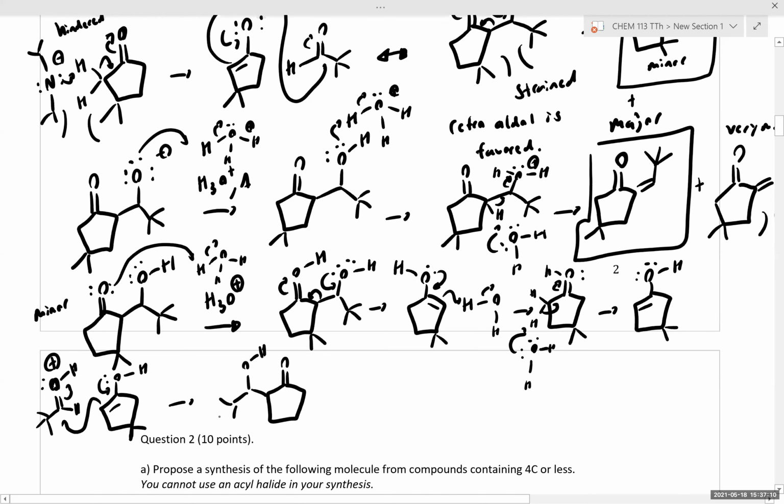And that in turn gives us the less hindered beta hydroxyketone, which from there we can protonate and then eliminate to get the desired product.